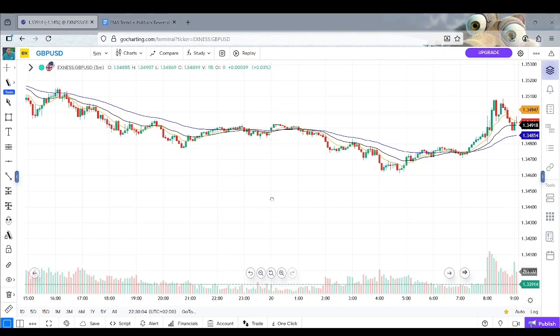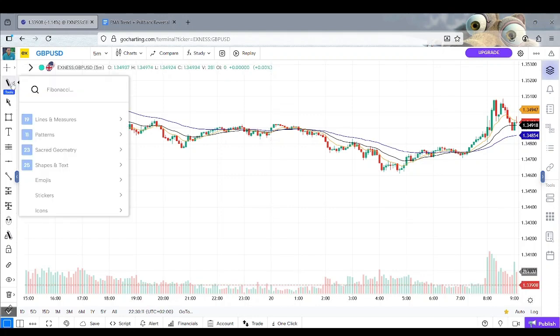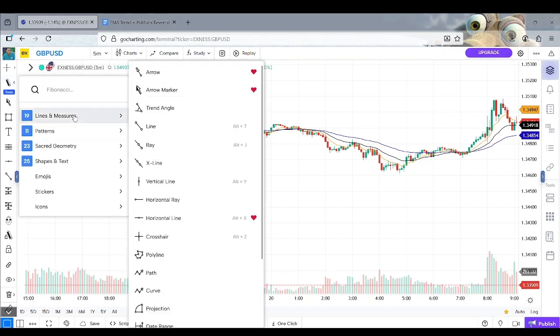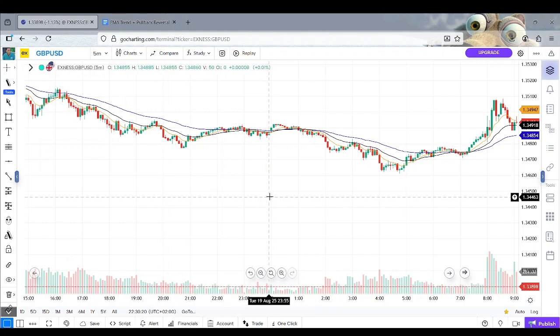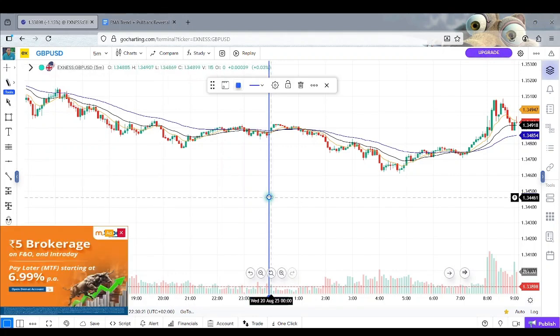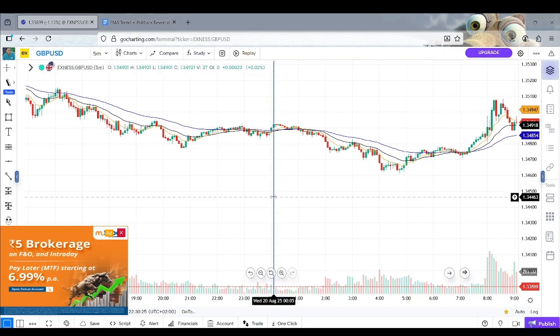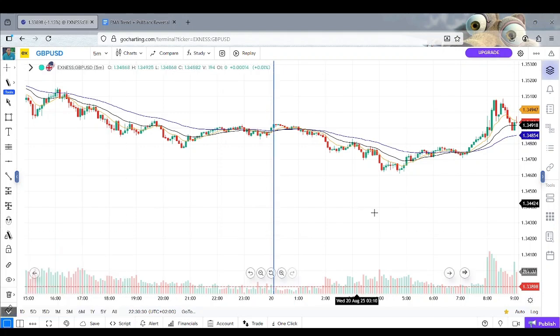Okay, this is midnight right here. Can I get a vertical line from lines and measurements? About here. Okay, never mind. So this is where we start, right?